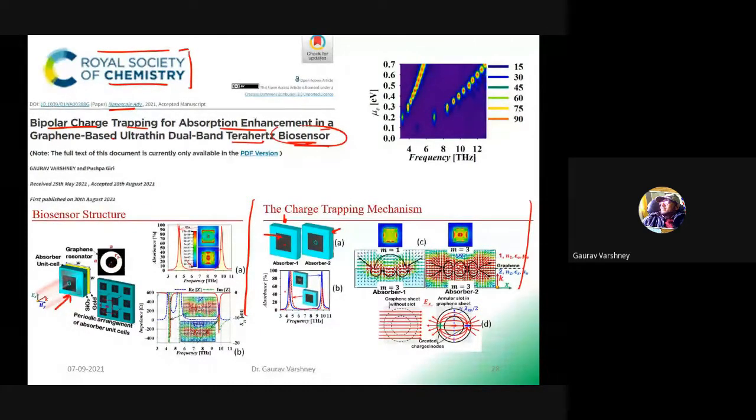This provides a dual-band spectrum, but in the upper band the absorption is around 50%. If we place some annular geometry in the graphene, that is, pattern the graphene sheet, the absorption enhances to 100%. It becomes the blue color plot, and that was because of some specific physics.